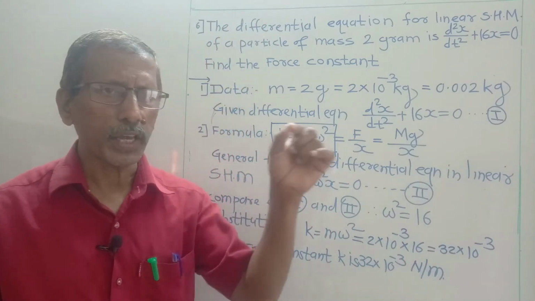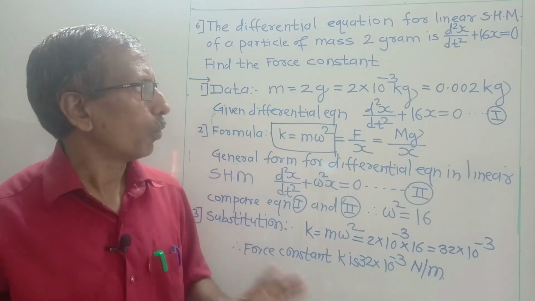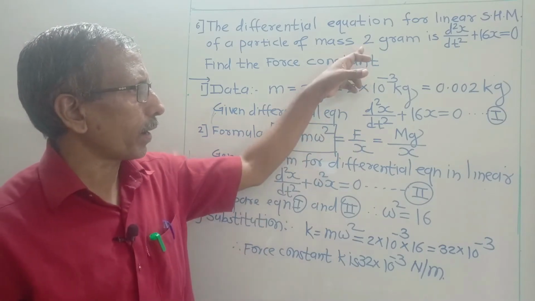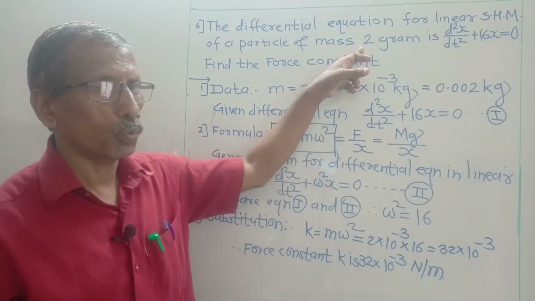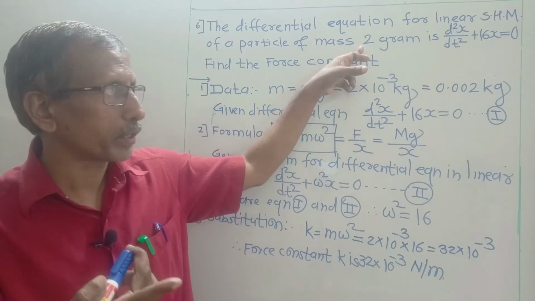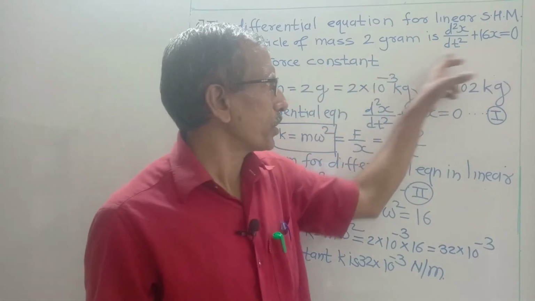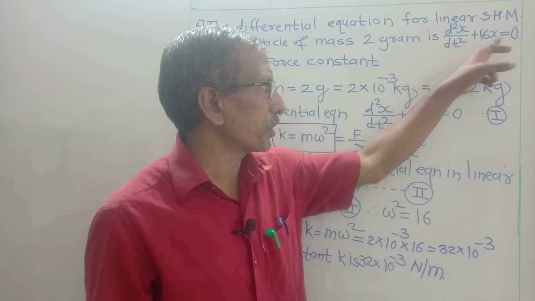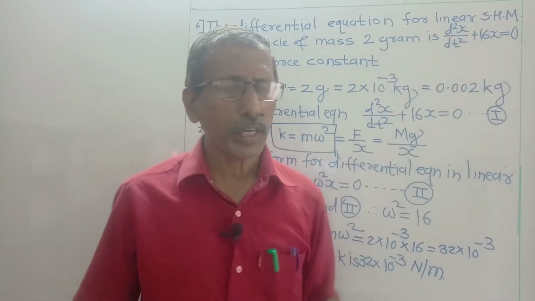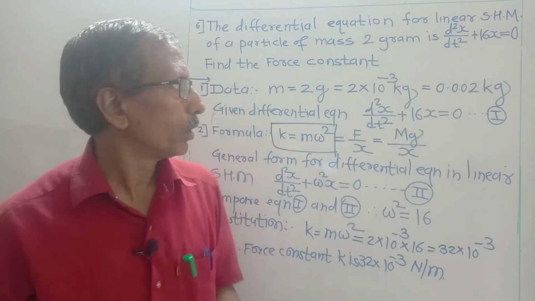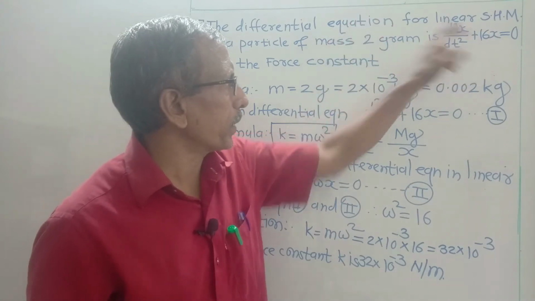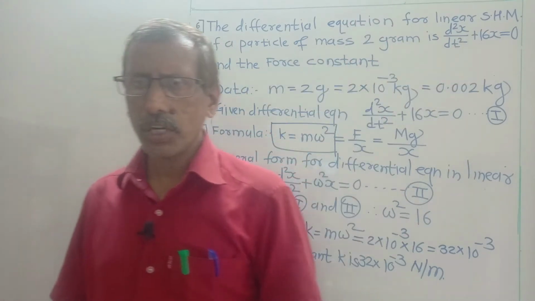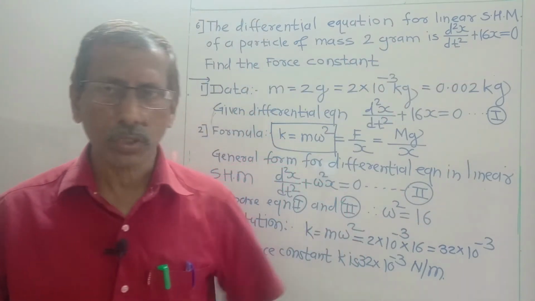We have to find k is equal to m omega square. What is the value of m? 2, so 2 into 10 raised to minus 3. When the differential equation d2x upon dt square plus 16x is given, the coefficient of x is omega square. So 2 into 16 into 10 raised to minus 3. This is the required answer.